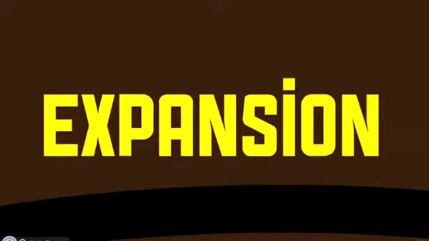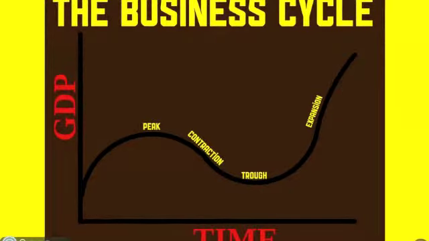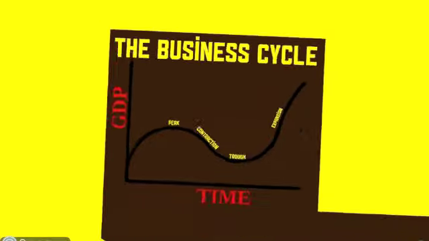Expansion is the most productive part of the business cycle, where the GDP is constantly rising and more people are getting jobs. This eventually leads to another peak. The fact that the economy follows a set cycle is very helpful.